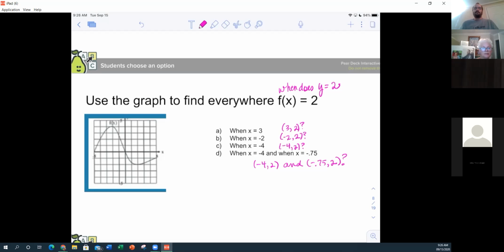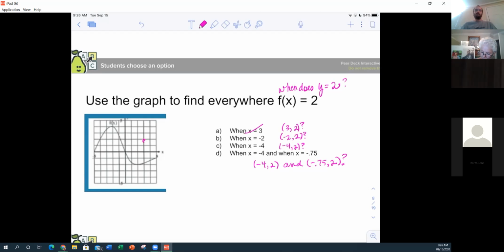People are answering differently on this one, but most of y'all are getting it. When they say use the graph to find everywhere f of x equals 2, really what they're saying is, when does the y value equal 2? So if I say when x equals 3, I will go over to 3, 2.